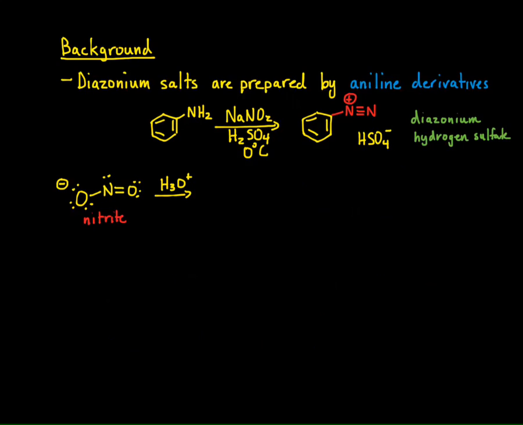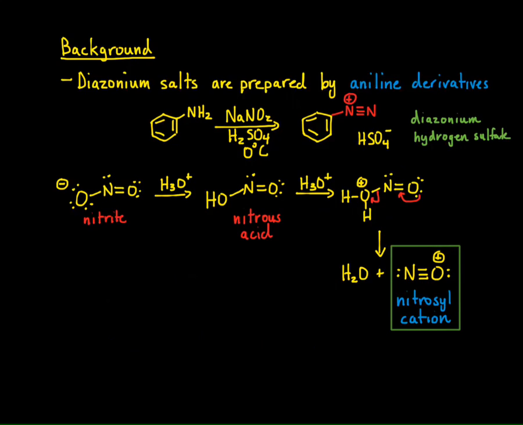The mechanism for this transformation first involves the reaction of the nitrite anion with an acid, yielding nitrous acid. Protonation of nitrous acid, followed by loss of water, yields the nitrosyl cation.